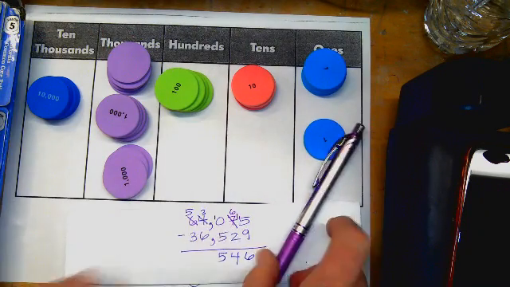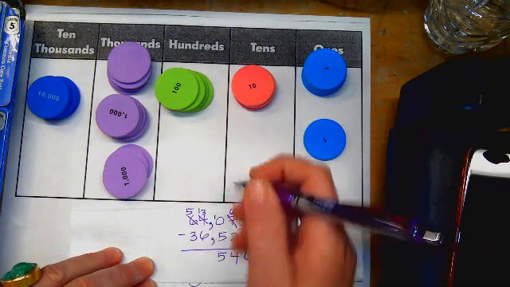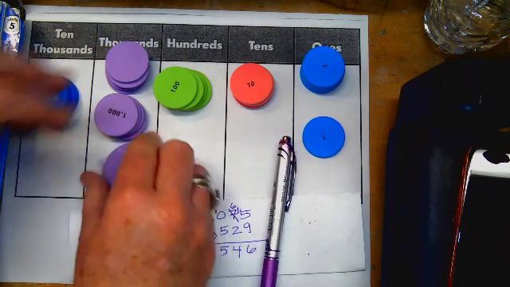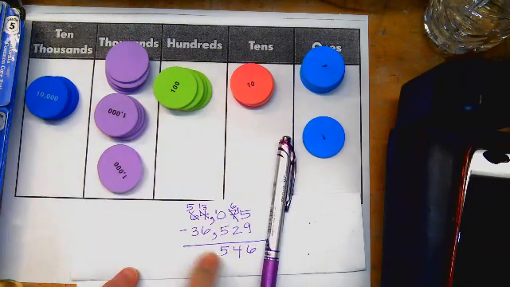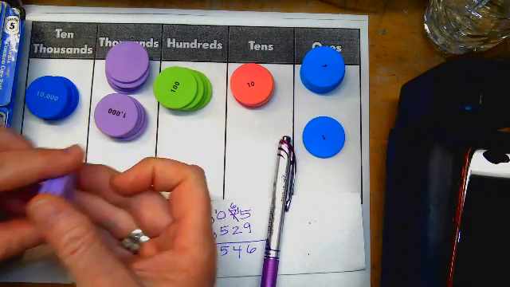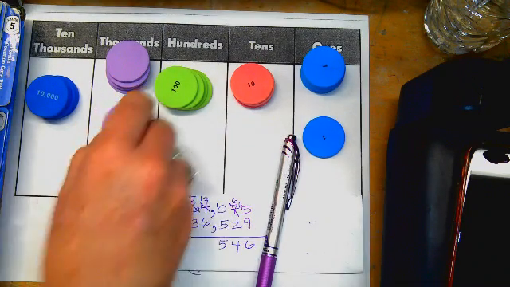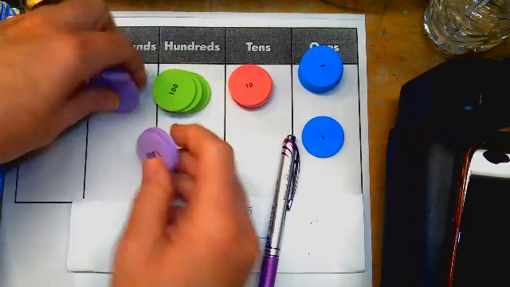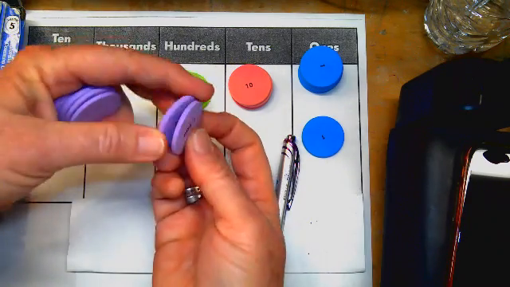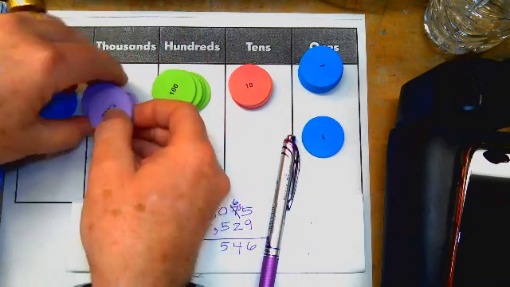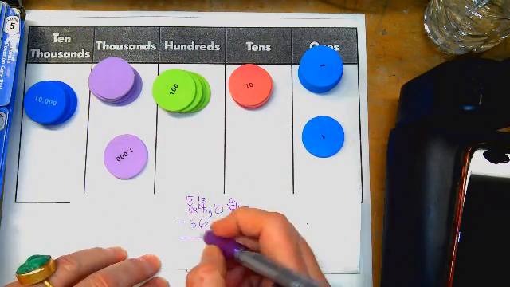There's 5 more. Now I have 13, right? Here's 10, 11, 12, 13. And I'm going to subtract 6 from that. So I'm going to take out 3, 6, and I end up having 5, 6, 7, right? So I have 7.